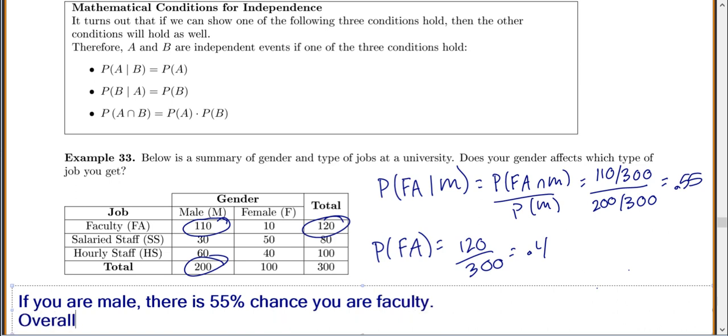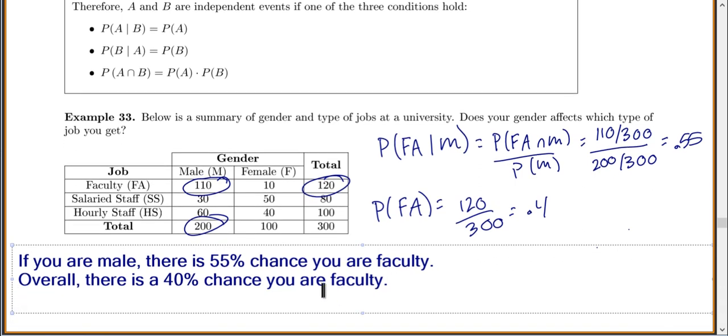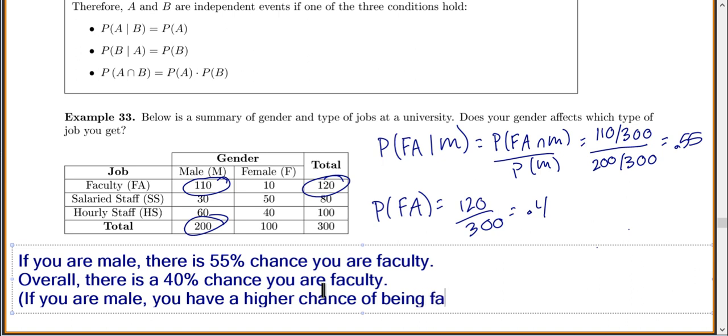But overall, there is a 40% chance you are faculty. So what does this mean? This means if you are male, you have a higher chance of being faculty.